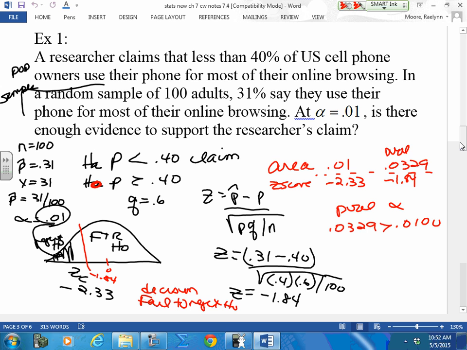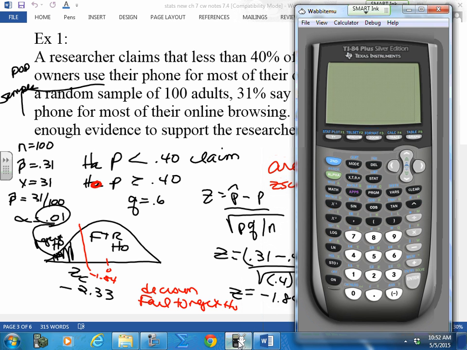Now, for those of you that like the calculator, the step on your calculator is under your stat. There's your z-test we did. There's your t-test we did. It's number 5, 1 proportion z-test. We're doing a z-test, but we only have 1 proportion to examine. That was the proportion just of the cell phone users. So when you hit this, that's your population proportion. That's your 0.4.